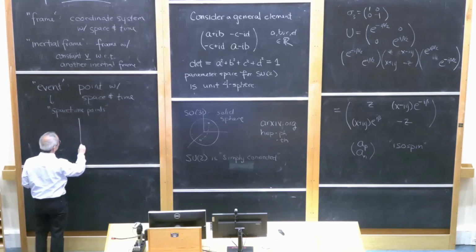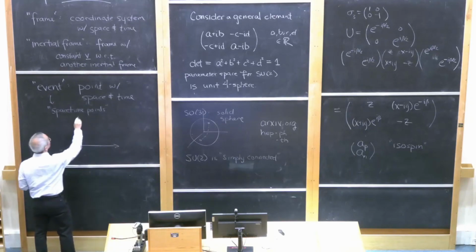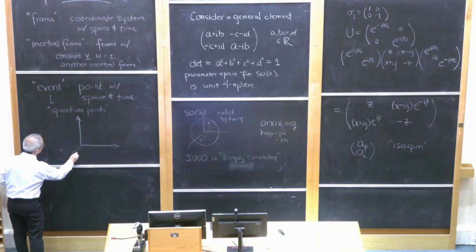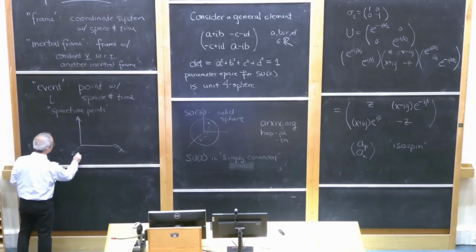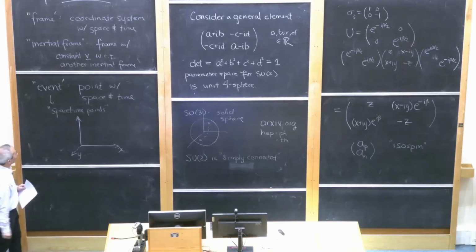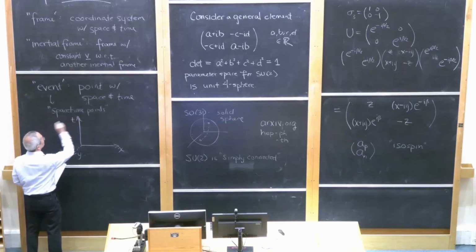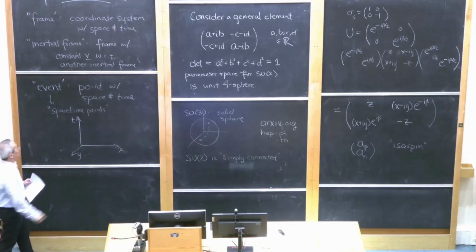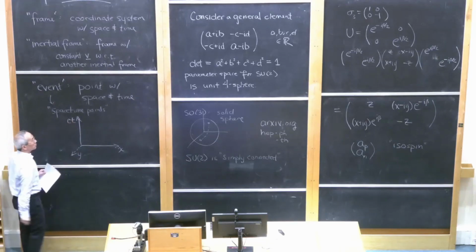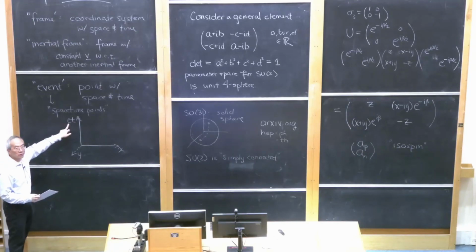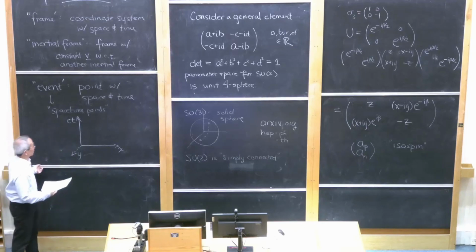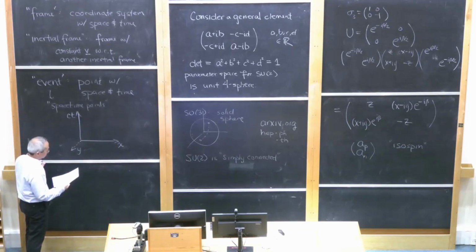Oftentimes when we draw diagrams with these coordinates, let's say we have x as a space coordinate, and maybe y as another space coordinate. Now, you might be tempted to write t here. Usually what I'm going to do is make that c times t. This is just so that the units of your coordinate system are always the same. So I'm generally going to work in units of space, or units of length.